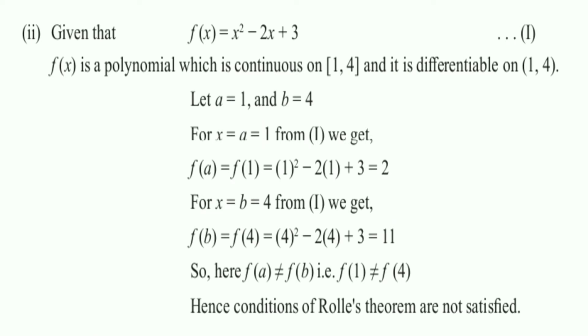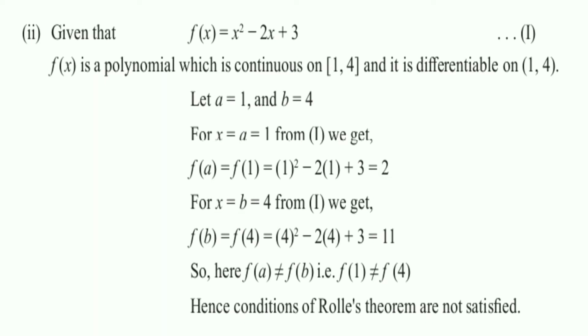For x equal to a equal to 1, from 1 we get f of a equals f of 1 equals 1 square minus 2 into 1 plus 3 equals 2. For x equal to b equal to 4, from 1 we get f of b equals f of 4 equals 4 square minus 2 into 4 plus 3 equals 11.